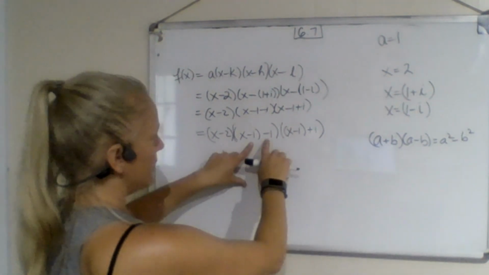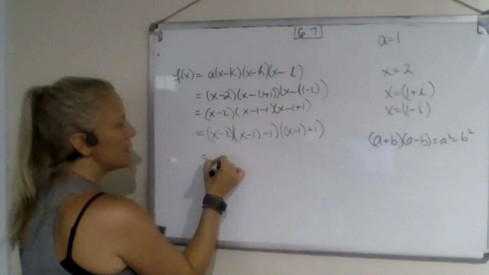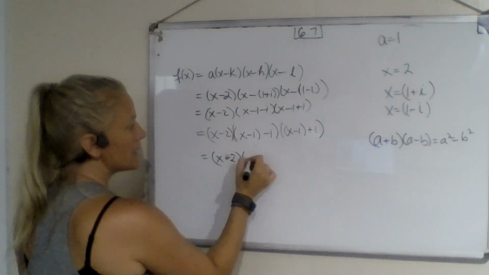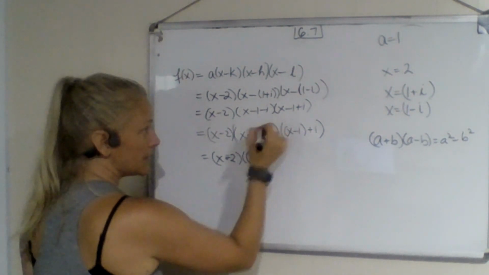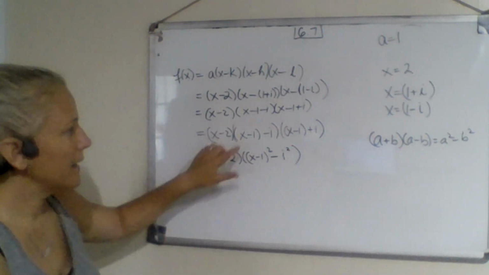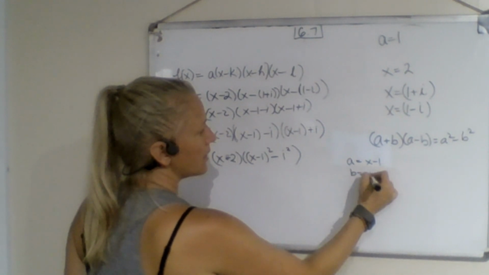And look at this. I have a minus 1 and a plus 1. This is the formula I'm going to use. This becomes x minus 2 parentheses x minus 1 all squared, this is an I, minus I all squared. That's the formula. My A in this case becomes x minus 1 and my B is I, right?